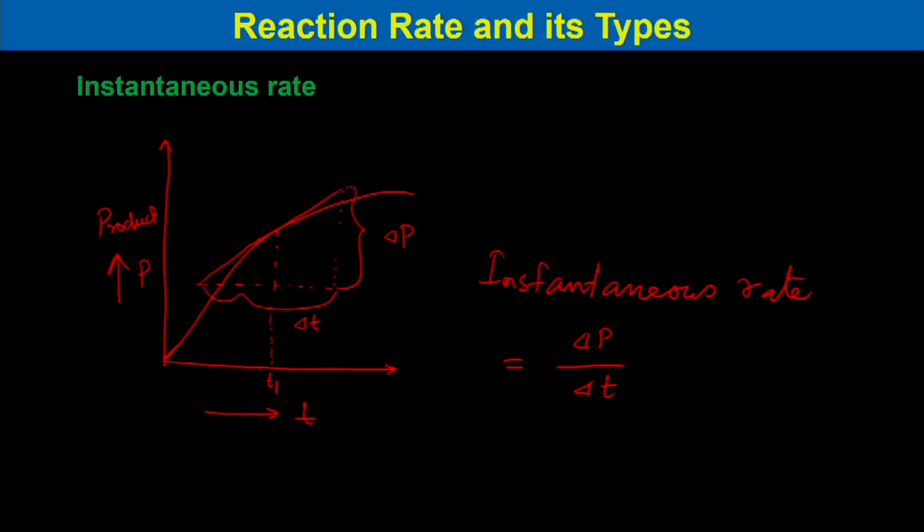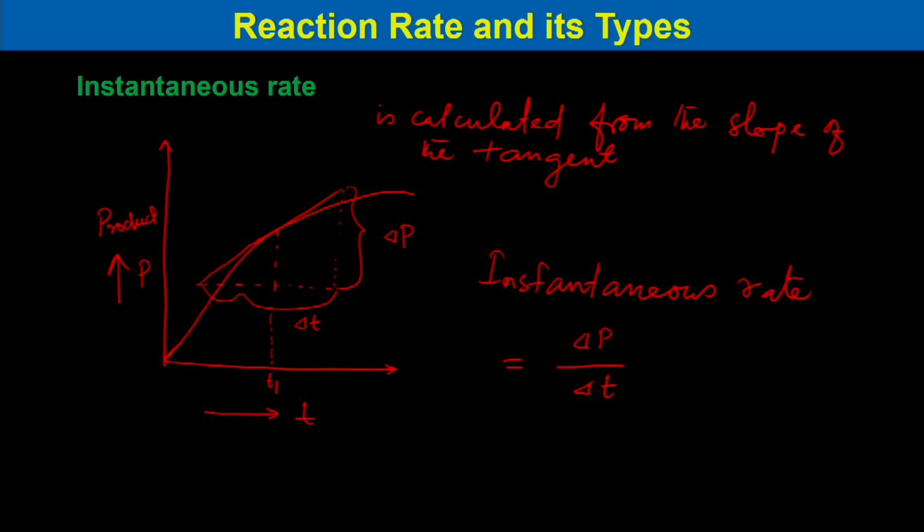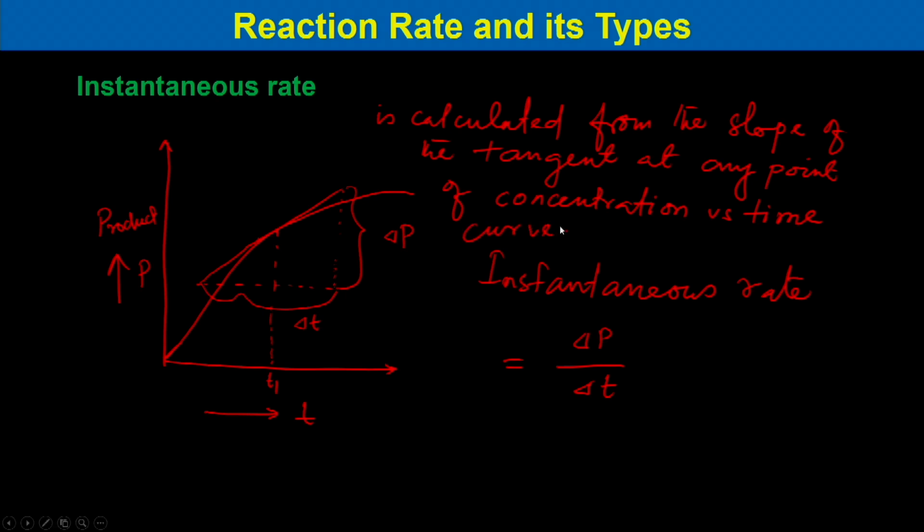That means the rate is calculated from the slope of the tangent at any point of the concentration versus time curve. So, this is the instantaneous rate.